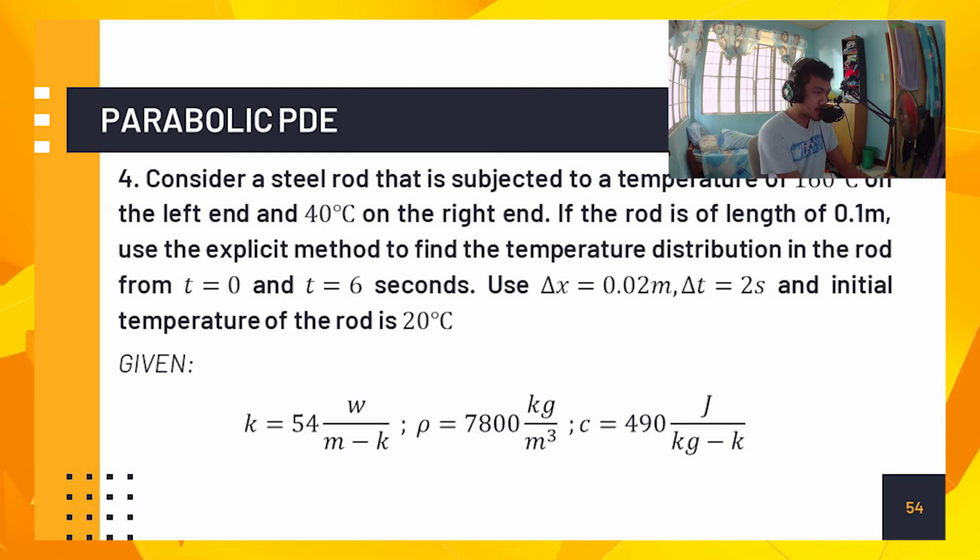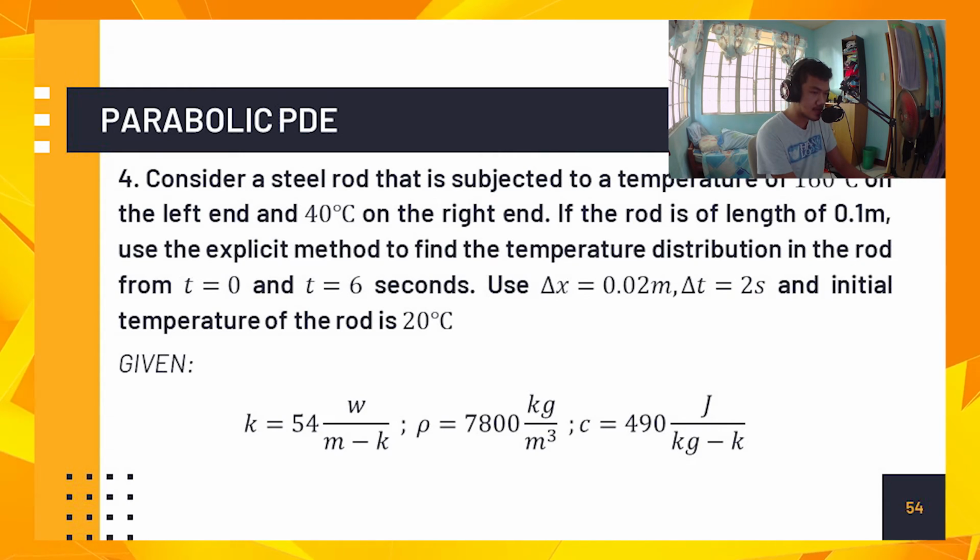For the fourth question for the parabolic PDE, we have: consider a steel rod that is subjected to a temperature of 160 degrees Celsius on the left end and 40 degrees Celsius on the right end. If the rod is of length 0.1 meters, use the explicit method to find the temperature distribution in the rod from t equals 0 to t equals 6 seconds.